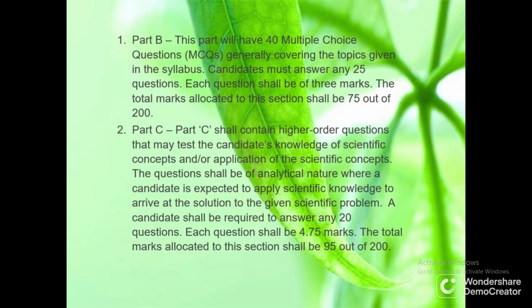So, marks allocation, number of questions and attempted questions: this is the pattern of the exam.